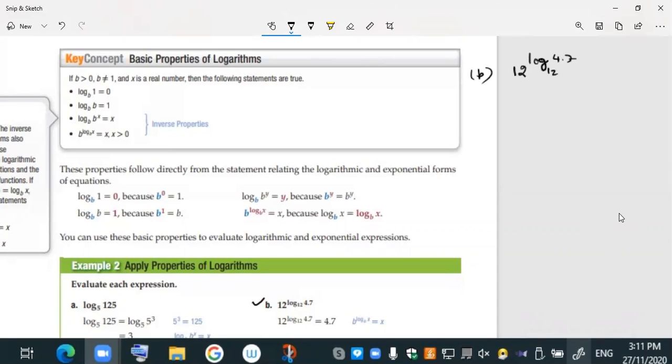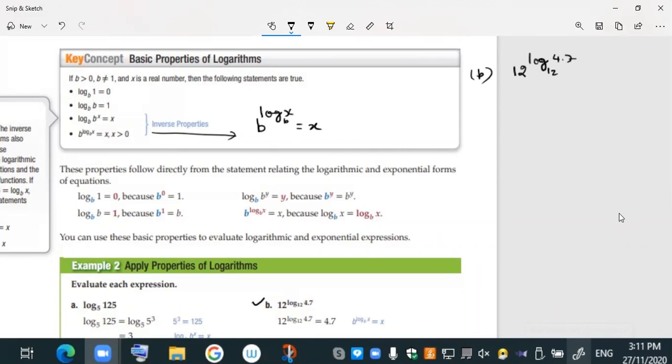Now we have to find this value by using this formula. The fourth property says b raised to power log x to the base b is equal to x. Correct?